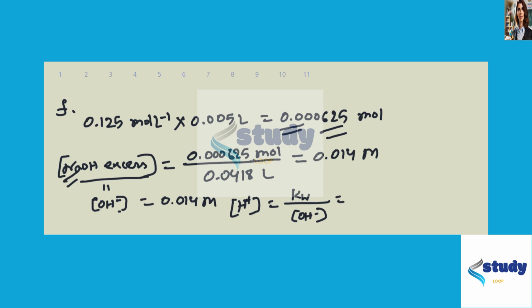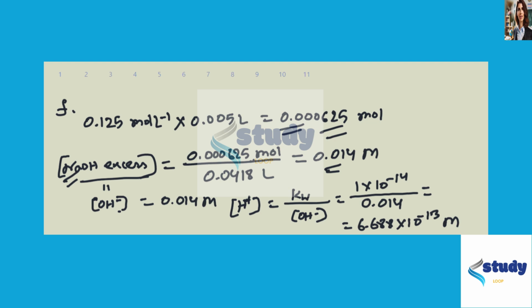That means 1 times 10 to the power minus 14 over this OH minus concentration 0.014, and from this calculation we will have the H plus ion concentration as 6.688 times 10 to the power minus 13 molar.